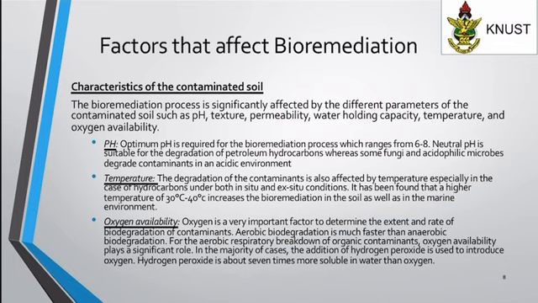Characteristics of contaminated soil. The bioremediation process is significantly affected by different parameters of the contaminated soil, such as pH, texture, permeability, water holding capacity, temperature, and oxygen availability. pH: optimum pH is required for the bioremediation process, which ranges from 6 to 8.